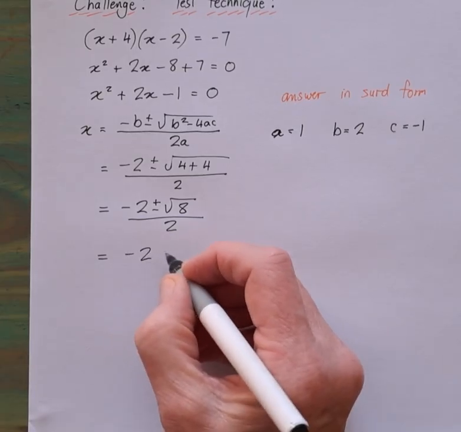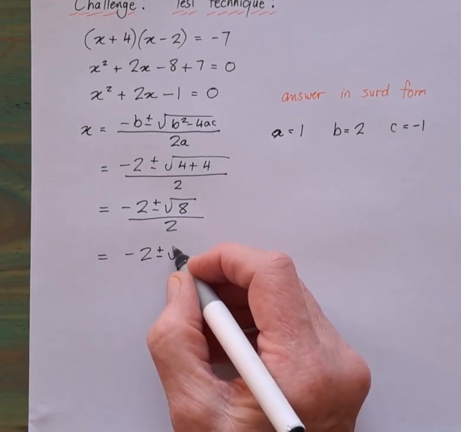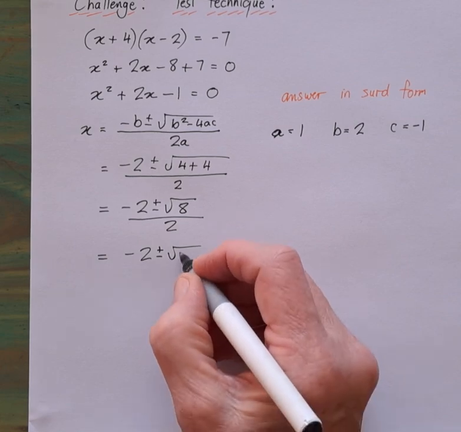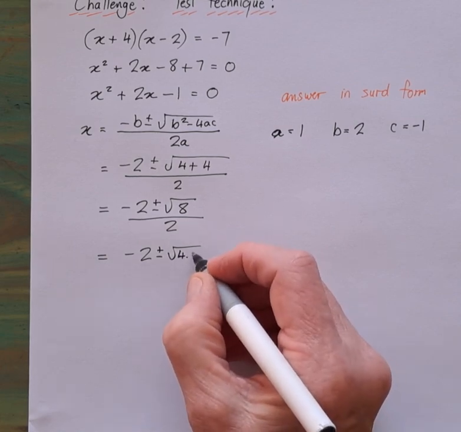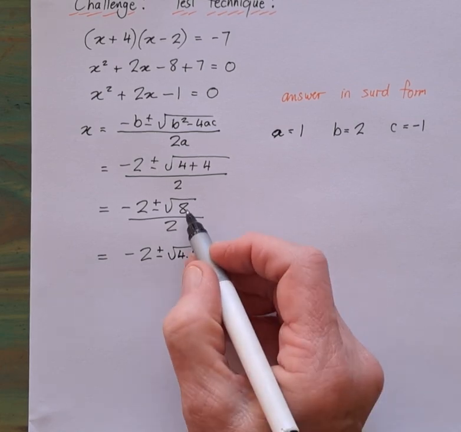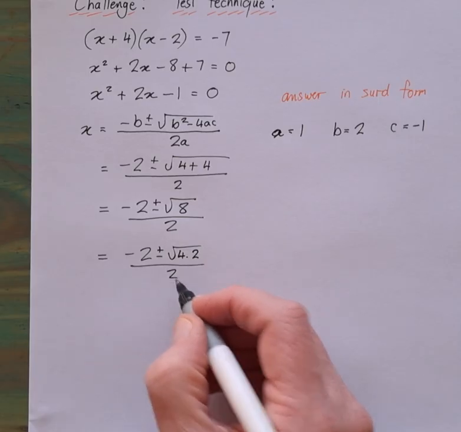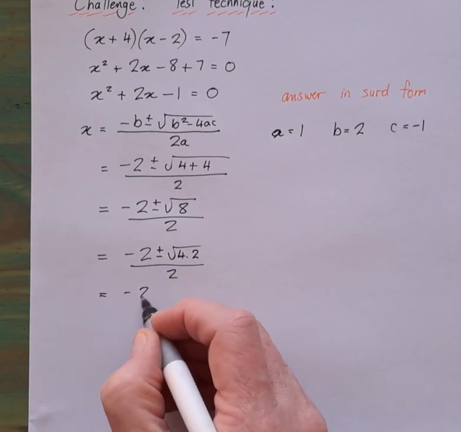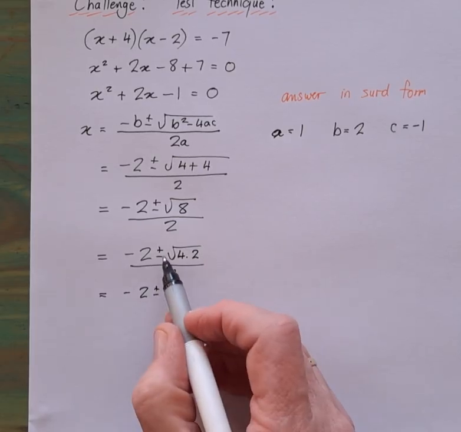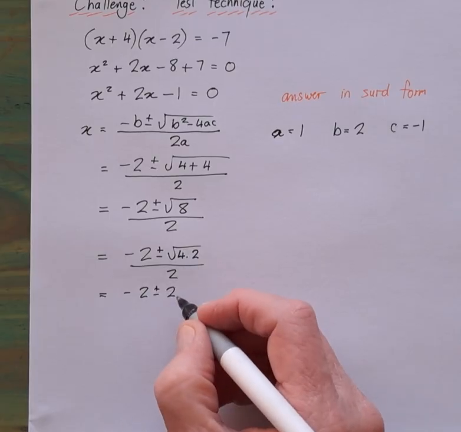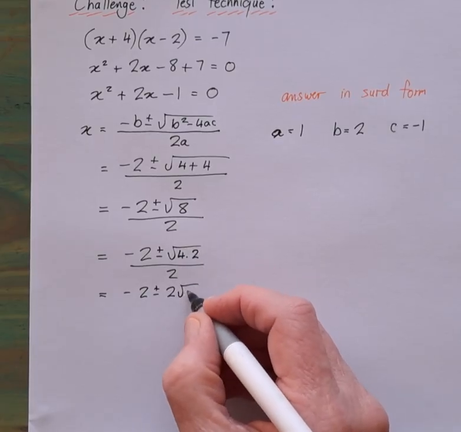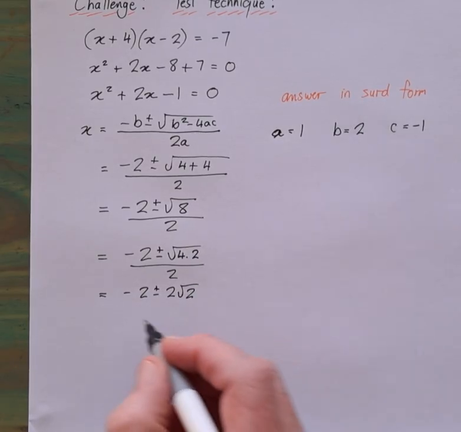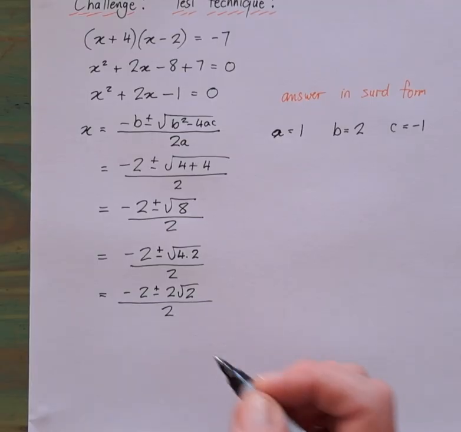In my square root sign, I'm going to break 8 up into a perfect square number times another number. So 4 times 2 is 8. And then that will allow me to say the square root of 4 is 2. That can't be square rooted, so that's where my third answer is going to come from. And it's all over 2.